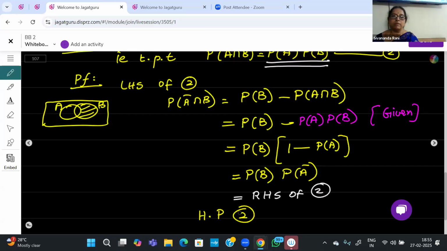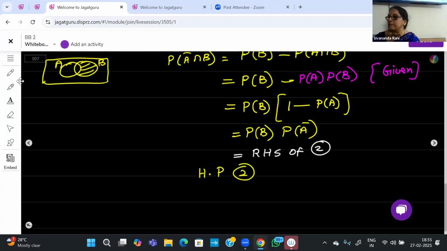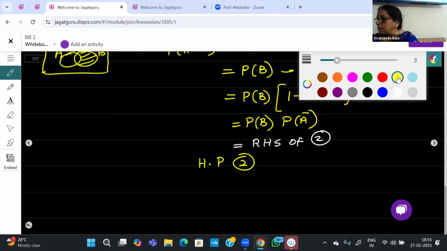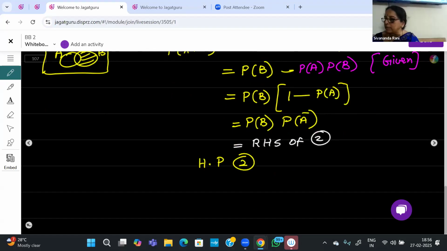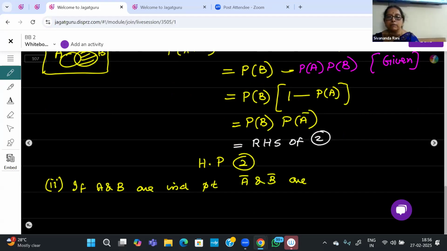This is one of the possible theory questions that you can have regarding independence. And another thing is, they may also ask you this corollary, another corollary. If A and B are independent, prove that A bar and B bar are independent.